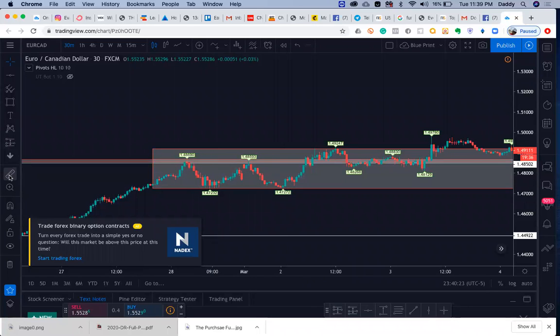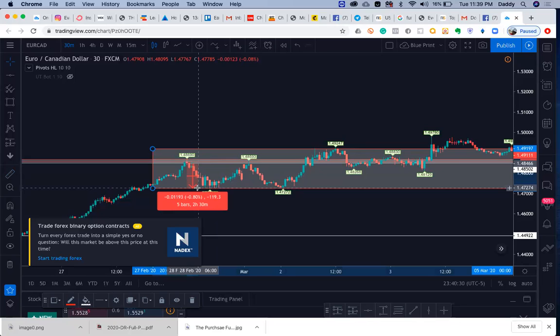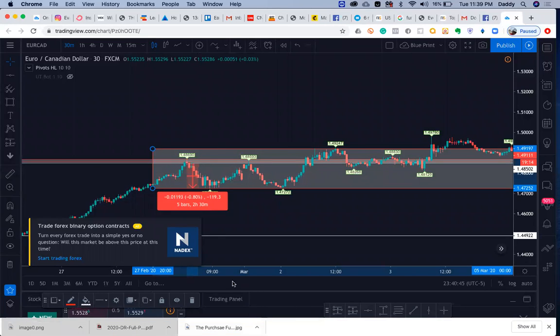Exactly. So watch this here. If price made this high and then it made this low, the amount of pips between that is 119 pips. In Hawaii, what is the minimum wage? $10. Okay. So basically, 10 pips you can make.